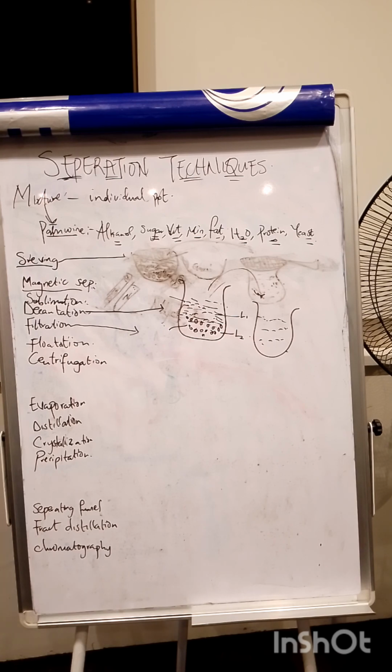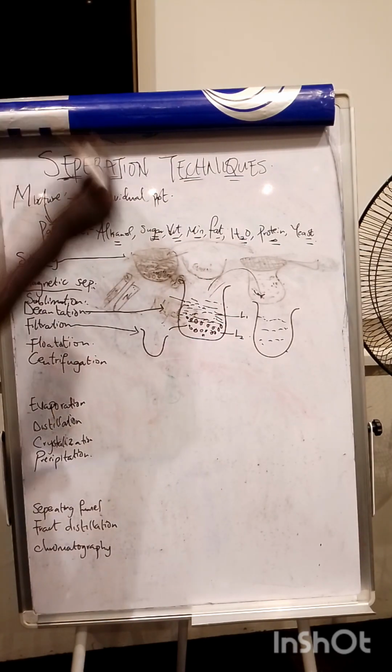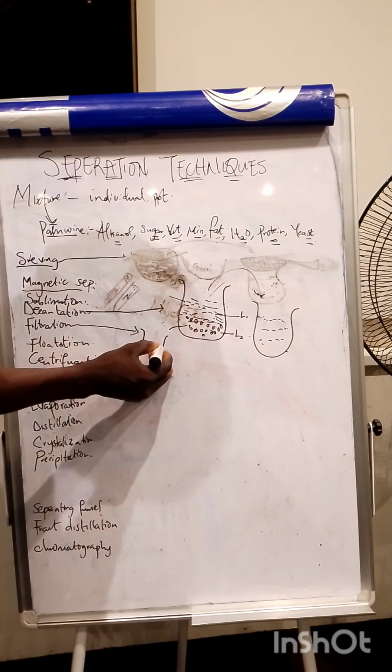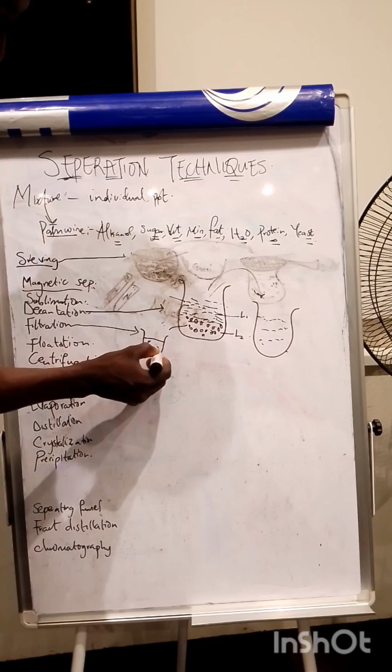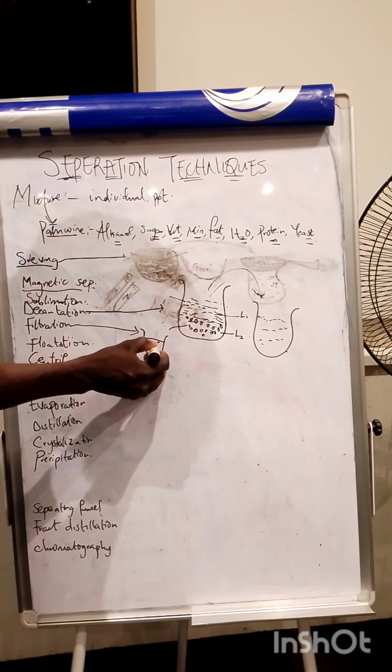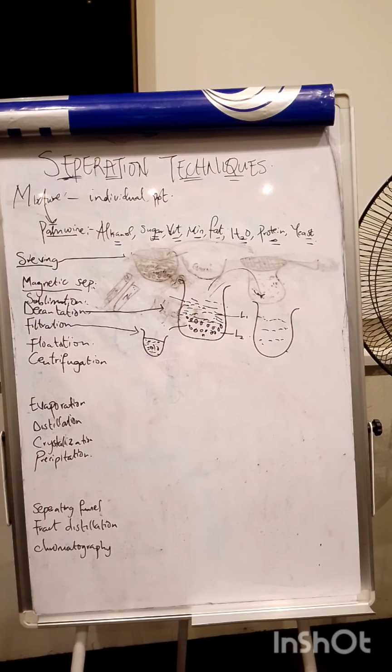Let's take an example. Maybe you have a beaker containing a solid in a liquid, and this solid is insoluble. How are you actually going to separate this?